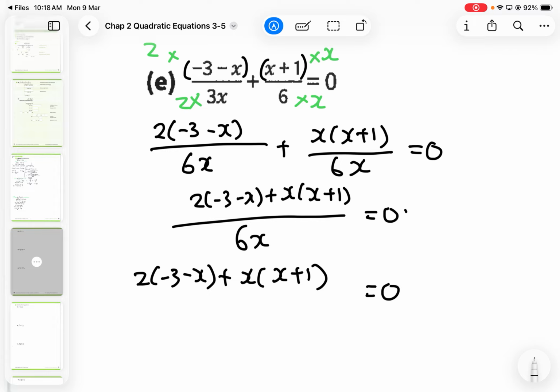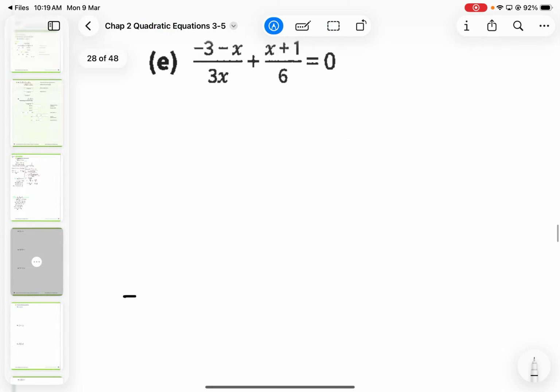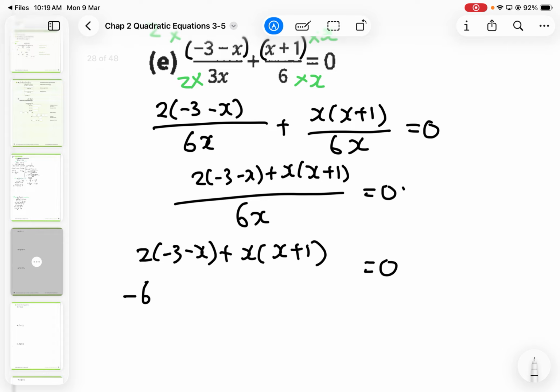Okay? So that is why I can remove the denominator. In the end, I am multiplying 6x across also. But 0 times 6x is 0. Then I can simplify. Minus 6 minus 2x plus x squared plus x equals to 0.